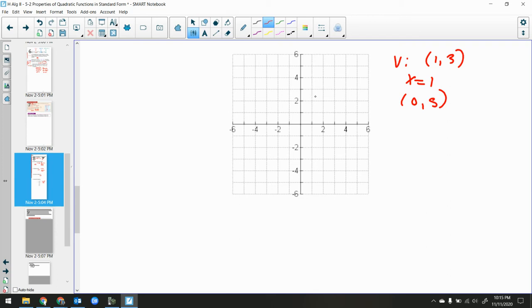Okay, my vertex, (1, 3). x equals 1. (0, 5). And at this point, if this is the line of reflection, I can just reflect this point over to the other side, so that's a 5 over there as well. Again, I'm really sorry about my tablet writing skills, but you get the idea.